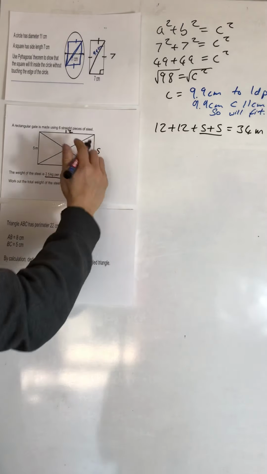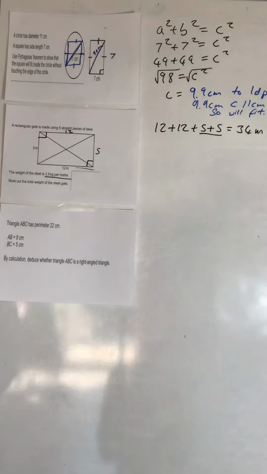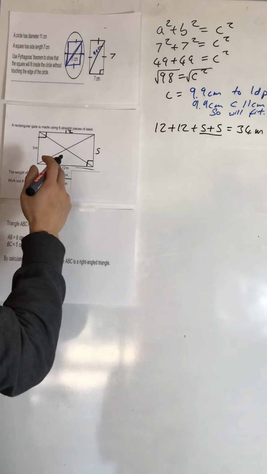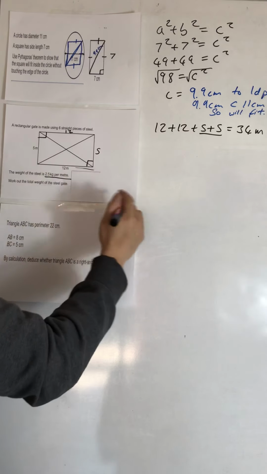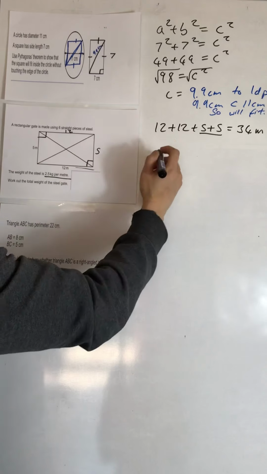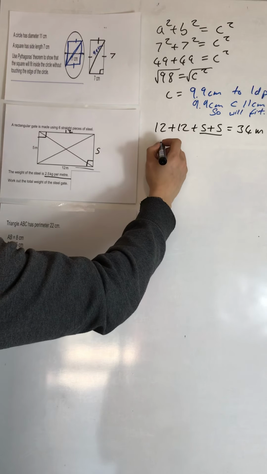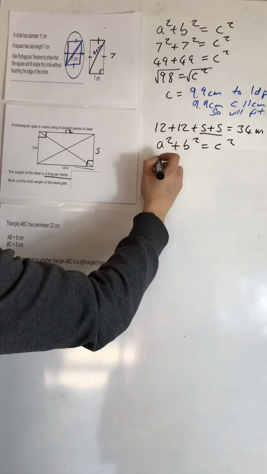Now we're missing this diagonal length here, on this side and on that side. It is a rectangle, so we can use Pythagoras' Theorem, the right angle here. And we're finding the longer side, the hypotenuse. So again, we have a squared plus b squared equals c squared.